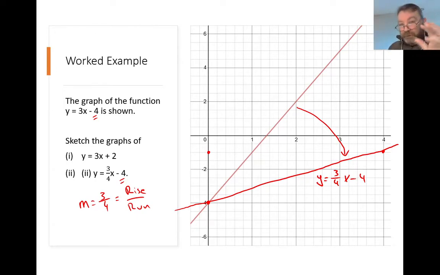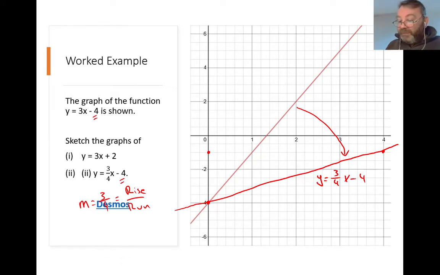So that's what you need to look at when we're dealing with linear equations. They're quite straightforward. There's only 2 changes we can make. We can change the slope, which changes the lie of the line, and we can change the final constant, which is simply the point that the line will go through on the y-axis.